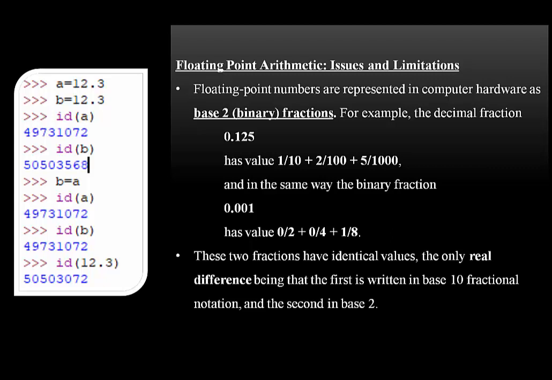So this is what I want you all to be very clear: when a variable is equal to another variable, the IDs will be same because it's pointing to the same location. And now when you type ID of 12.3, it is another address. You get to see three different addresses. For A one address, for B another address, and for the actual data 12.3 another address.